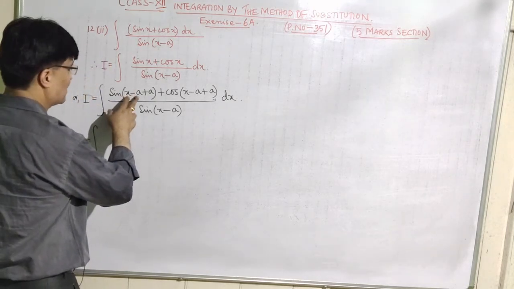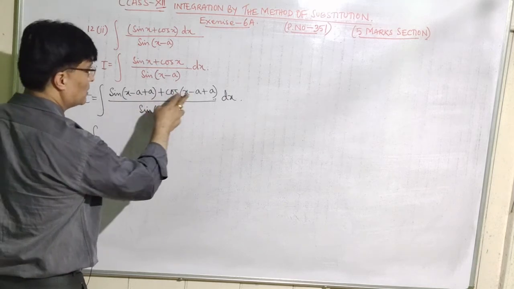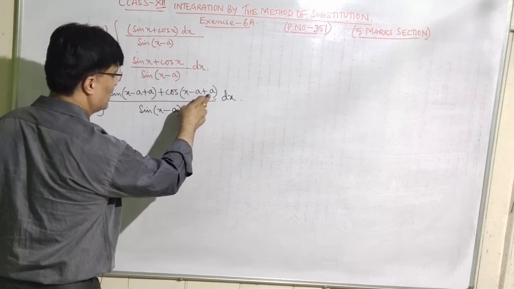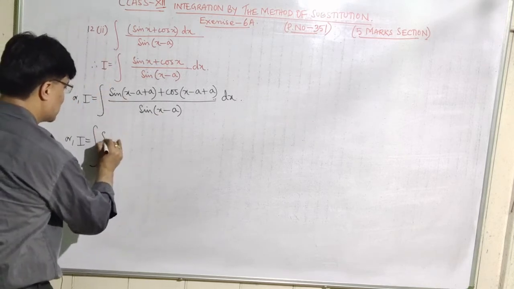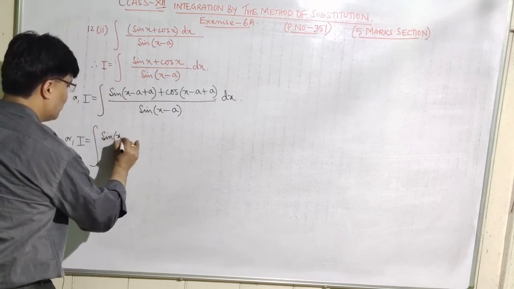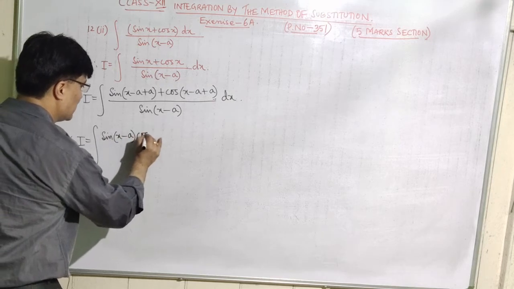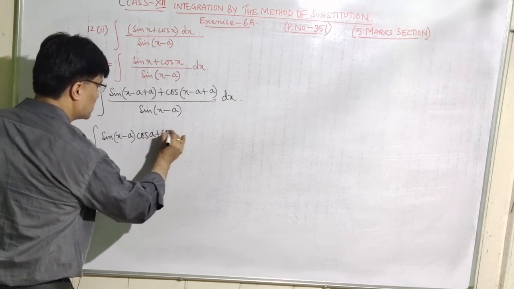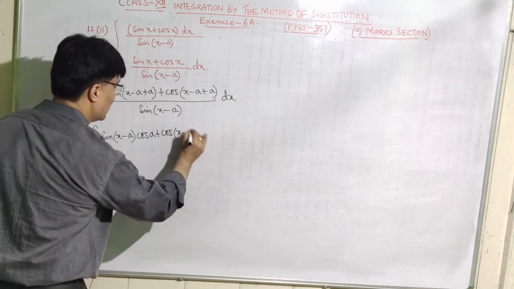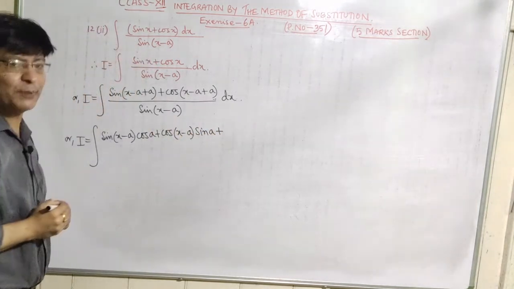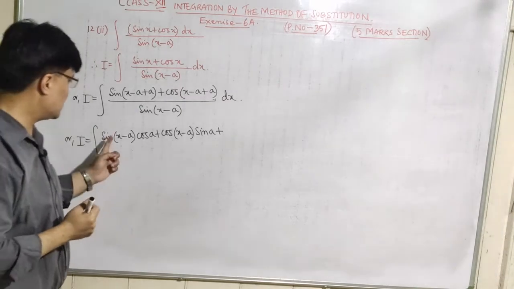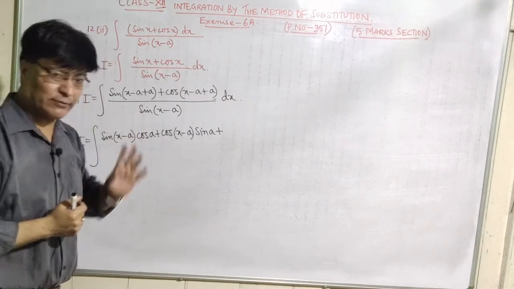This is x minus a plus b. This is also x minus a plus b, because here it is sine of x minus a. So let us use the formula. Sine of x minus a cos a plus cos of x minus a sine a. Understood? Similarly, this is sine a cos b plus cos a sine b, right?